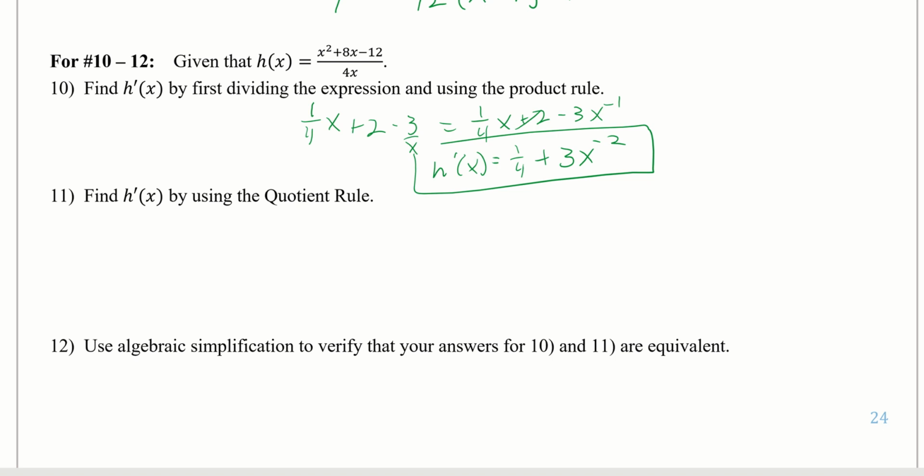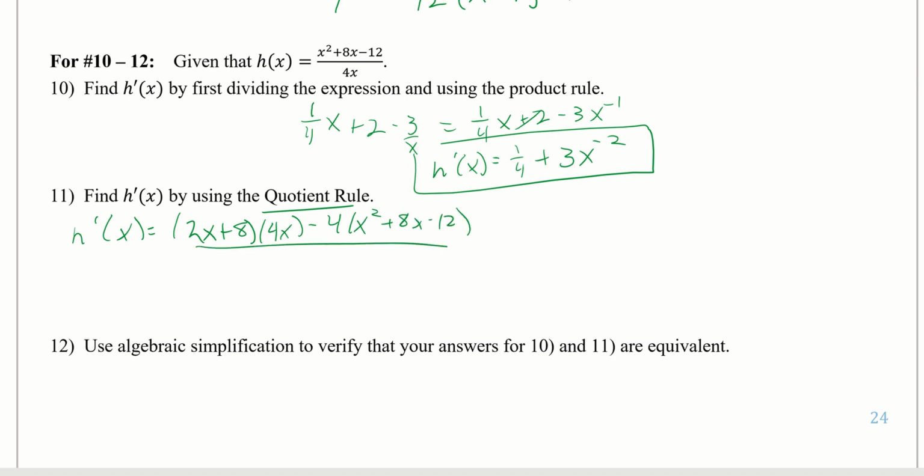Now for the quotient rule, we're going to take the derivative of the top. So that's going to be 2x plus 8 times the bottom, minus the derivative of the bottom times the top, all over the bottom squared. This one's a little bit easier to solve out that denominator, so we can say 16x squared.